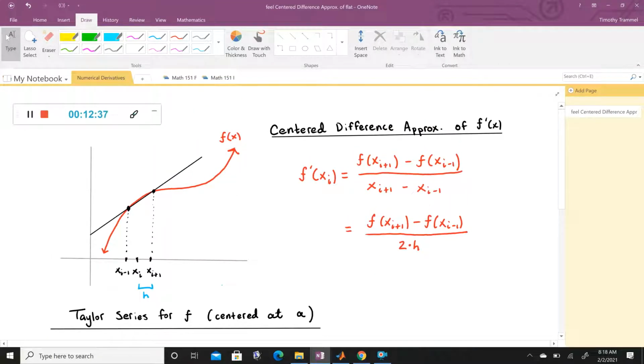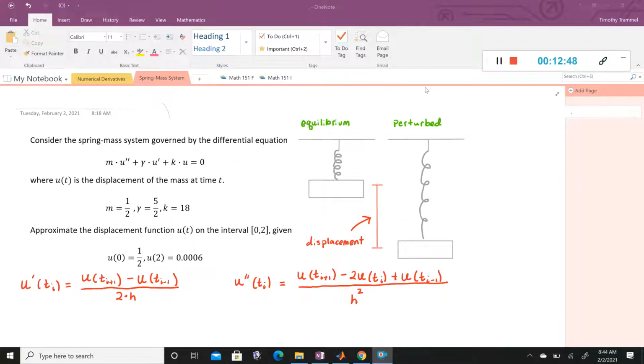All right. So let's go ahead and switch over to another tab here and look at an example. All right, so we have switched over to another tab here. We have a spring mass system. And this is actually a differential equation that you all probably would have looked at in differential equations.